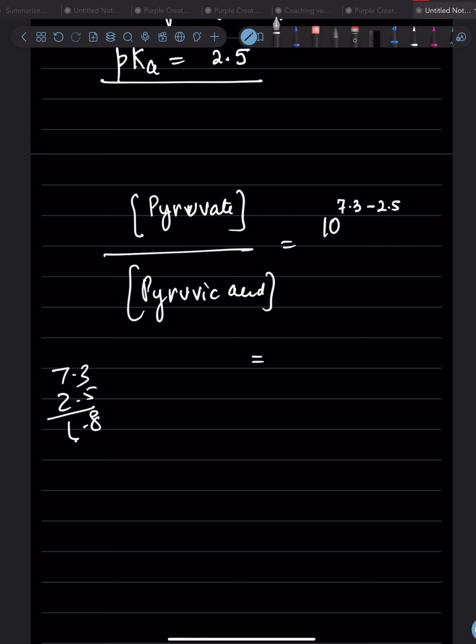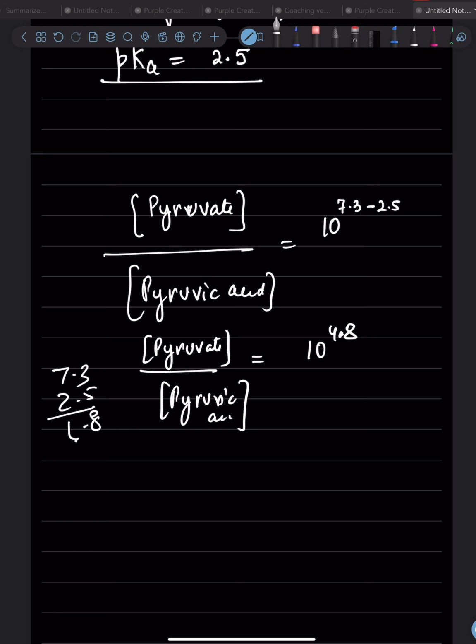So this comes out to be the ratio of pyruvate to pyruvic acid is equal to 10 raised to the power 4.8. And if you calculate, this comes out to be close to 63,095.